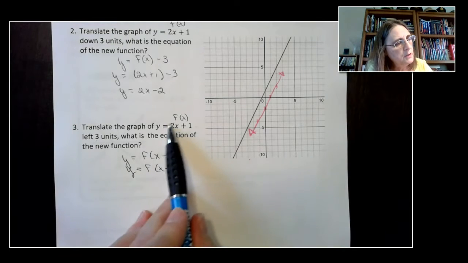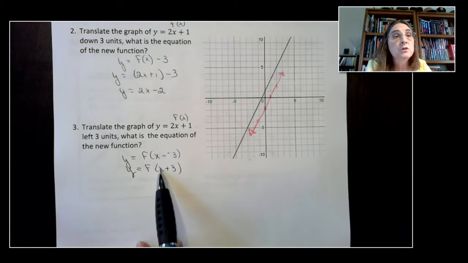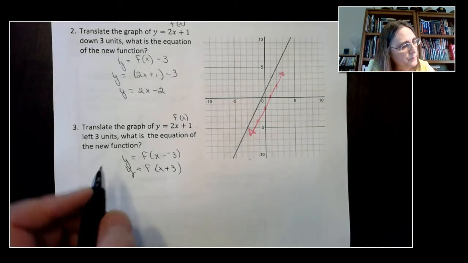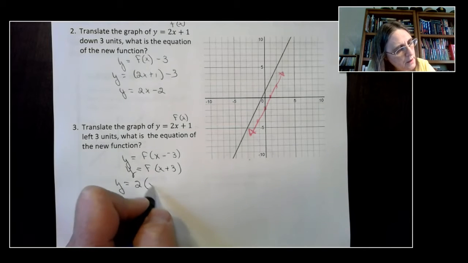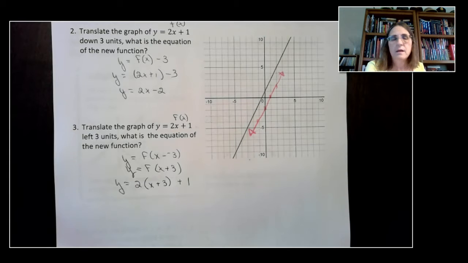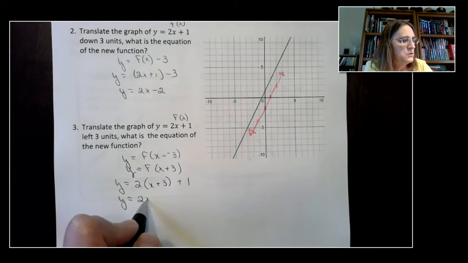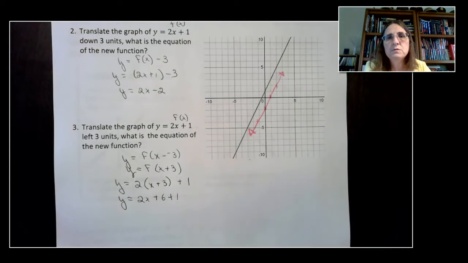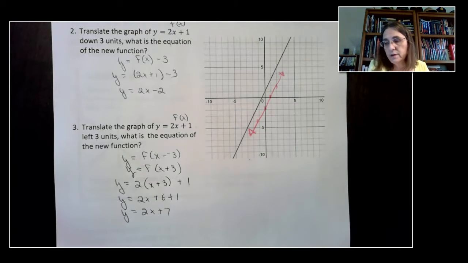So I'm going to change my x to x plus 3. So I have y equals 2 quantity x plus 3 plus 1. That's my essential transformation there. So my equation becomes y equals 2x plus 6 plus 1, or y equals 2x plus 7.